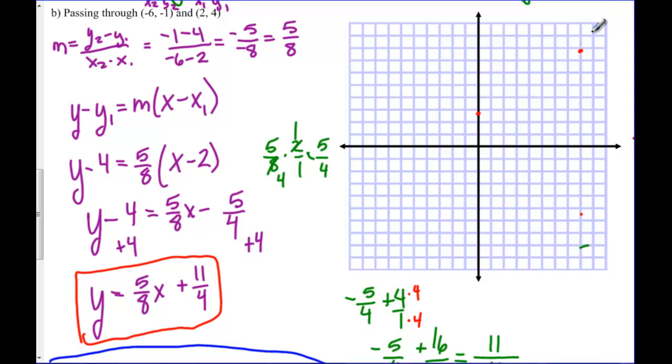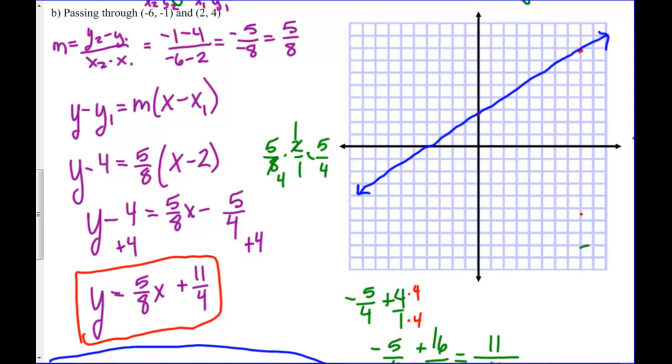I'm going to try really hard to make a straight line, but no promises. Yeah, okay, still kinda. All right, that's not too bad. All right, now we're gonna check. We're gonna plot the points they gave us. So we got -6, -1.